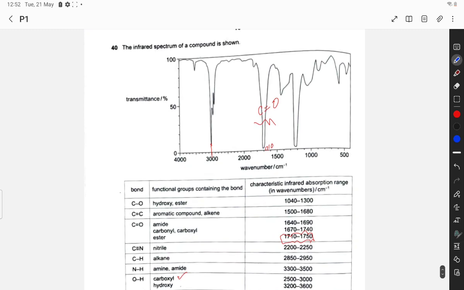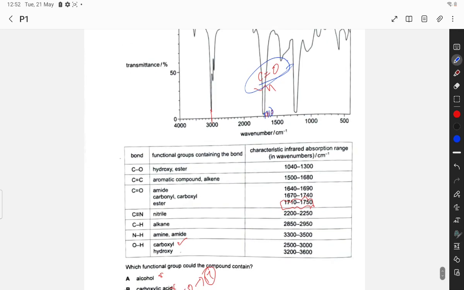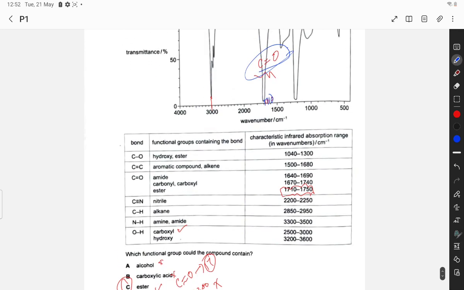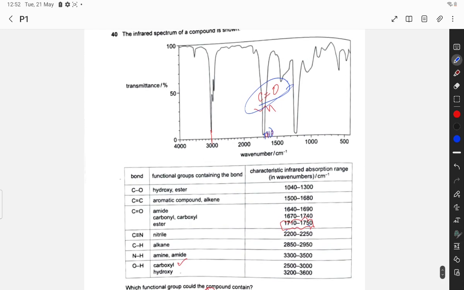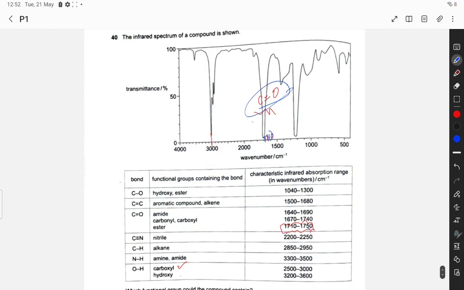The infrared spectrum of a compound is shown. Transmission percentage. So this is transmission. So this is 1710, carbonyl group, and this starts from here.